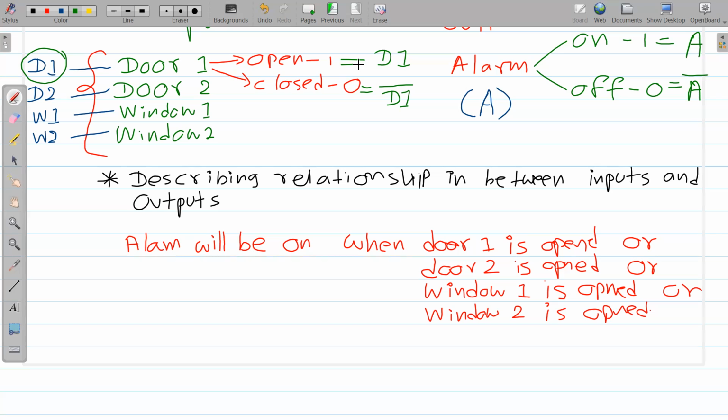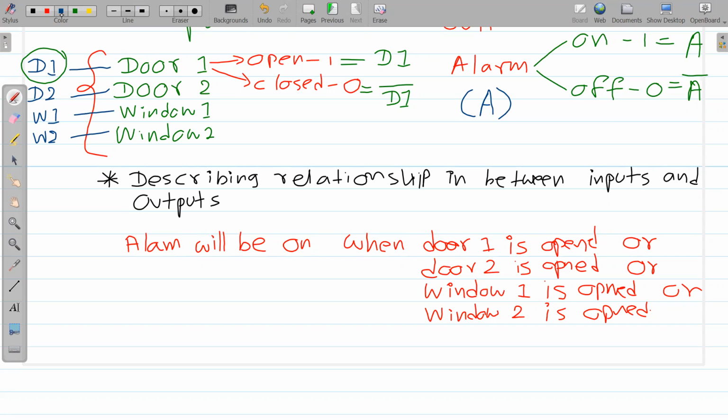Okay, great. So now I'm going to write my description with the help of the variables. When I'm writing this, I need to consider what state they are indicating.